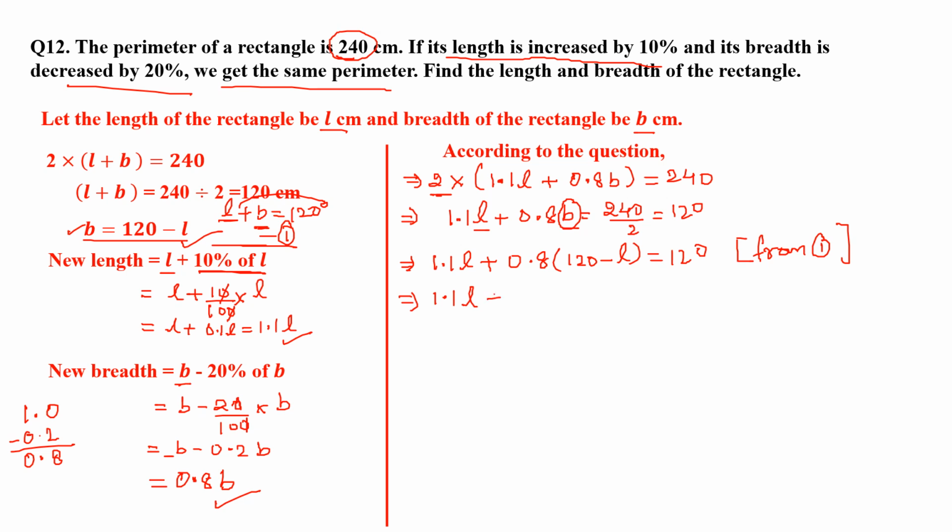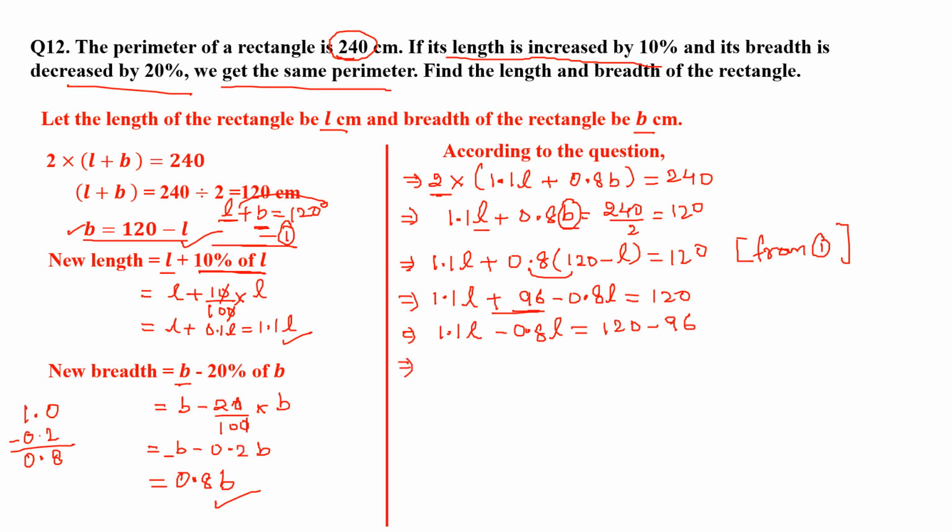Now you have to solve it. So 1.1 L plus 0.8 into 120, if you multiply these two, you will get 96 minus 0.8 L equal to 120. Now group the like terms. So 1.1 L plus 0.8 L equal to transpose 96 to other side. So it will be 120 minus 96.